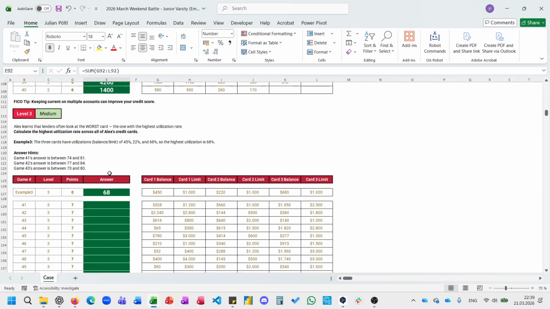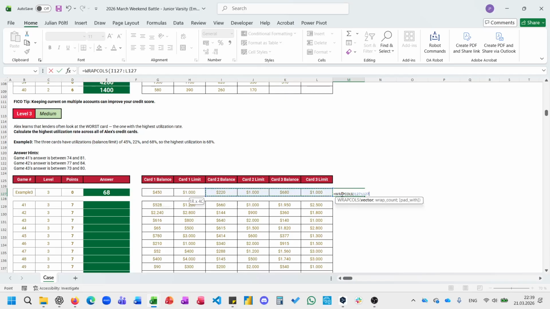Calculate the highest utilization rate. I will use rep calls or rep rows. I never know what is what.